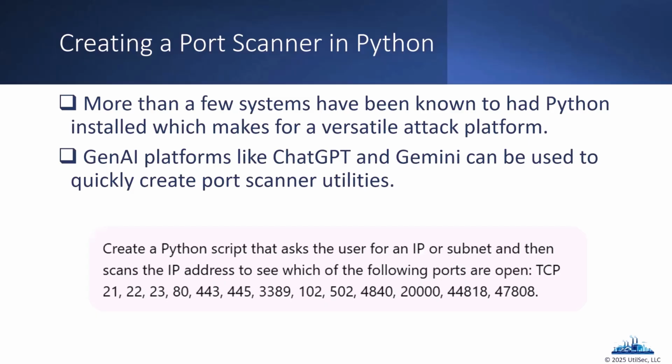And then we can also see some OT or ICS specific protocols like 102 for S7 from Siemens devices, or 502 for Modbus, et cetera. So let's go ahead and create this, and we'll go ahead and run it.